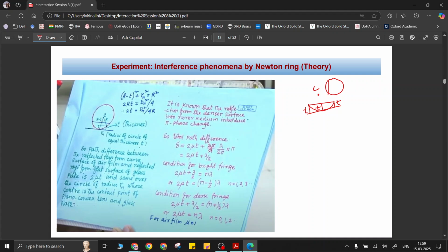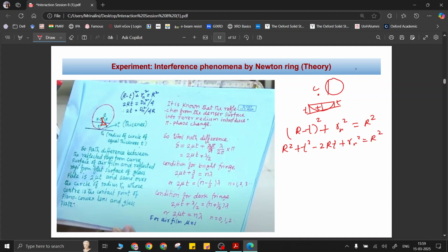Now this triangle I'm talking about is a right angle triangle, right? If you apply the Pythagoras rule, then we see (R minus T) whole squared plus Rn square will be equal to R square. Now when you expand this, we get R square plus T square minus 2RT plus Rn square equal to R square.